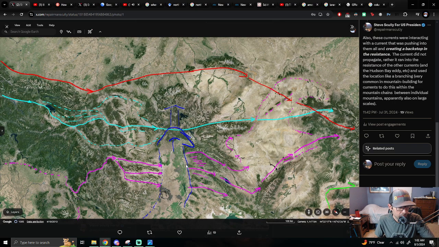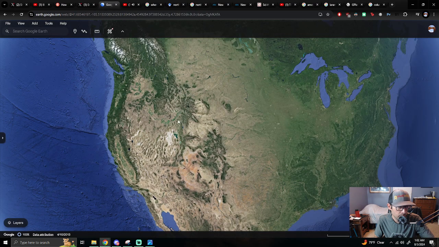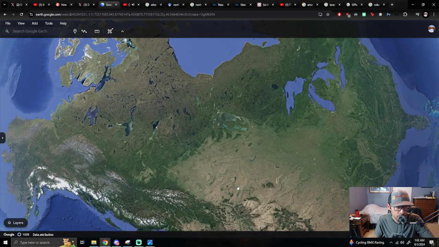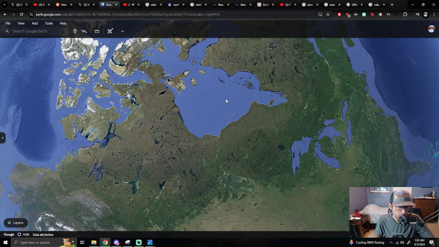So essentially, anyway, this moves over here into this other current and into this current. So it's running into the resistance of the eddy. I wonder, is it pointing at Hudson Bay? I know Hudson Bay is huge, but it is.